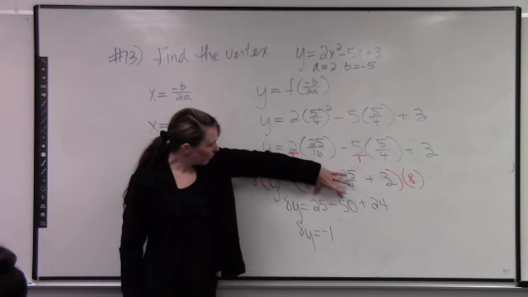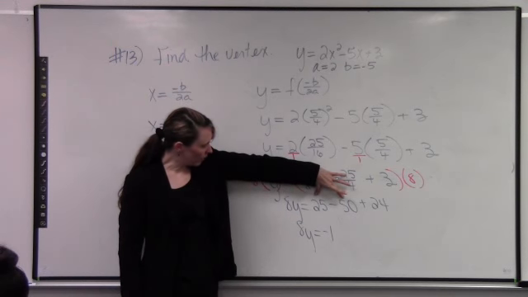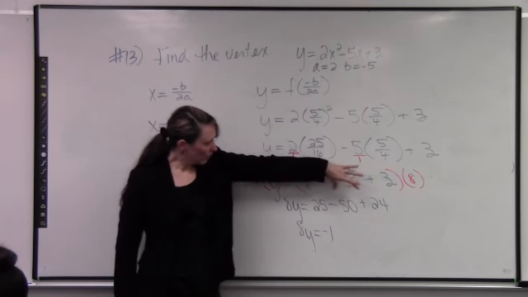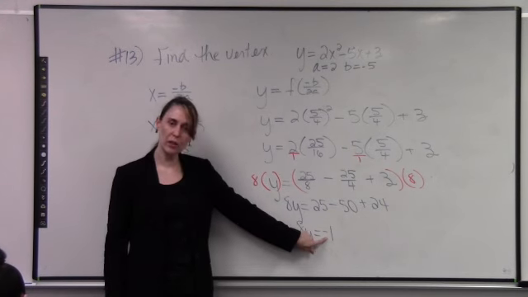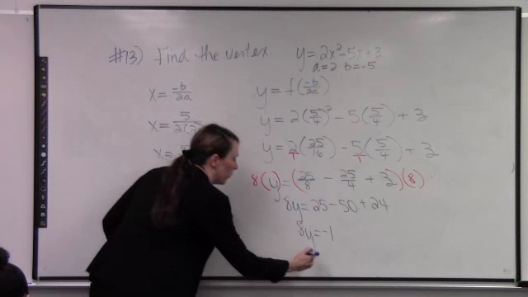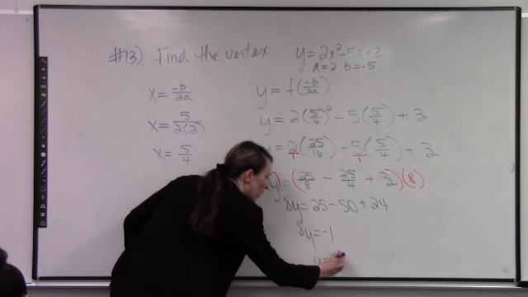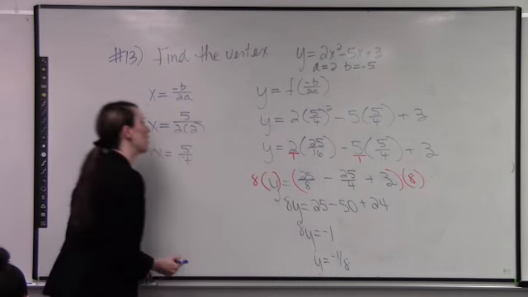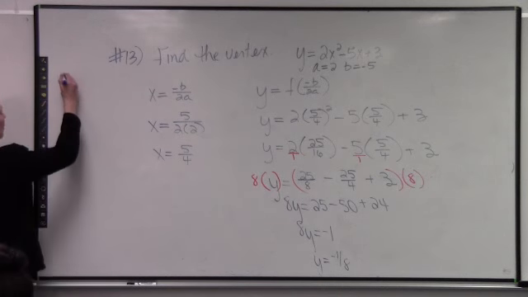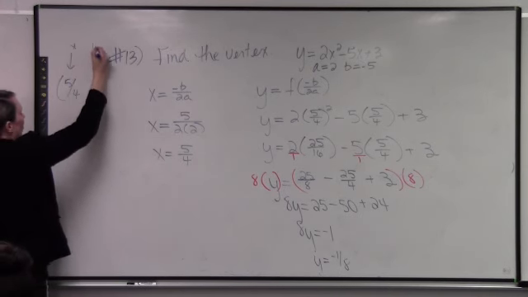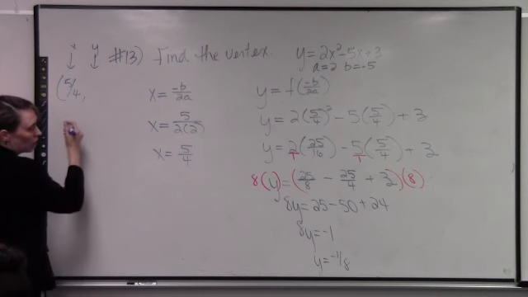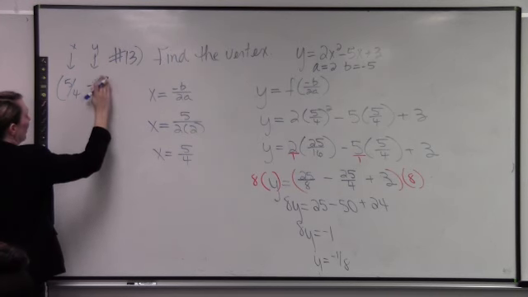So 25 minus 50 gives me what, a -25? Combine it with a positive 24, it's going to give me a -1. So what's y going to be? -1. All right, so let's look at our ordered pair. We have 5/4, because that's my x. What about the y value? That's right, -1.